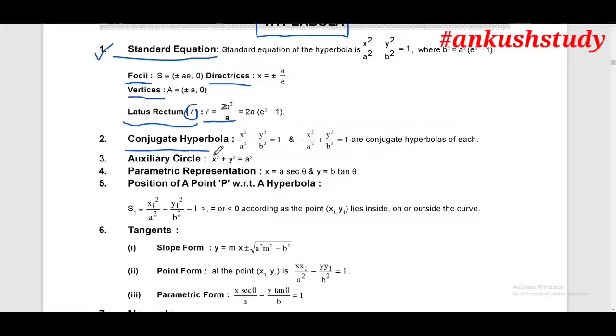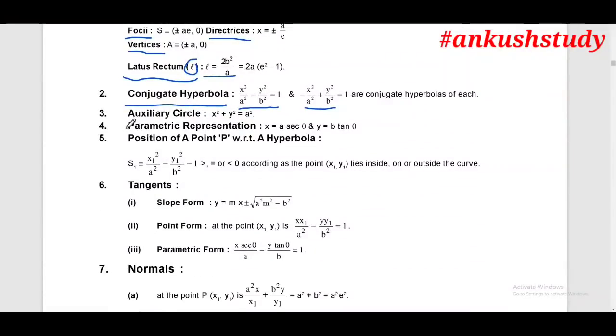And this one is the conjugate hyperbola. x square upon a square minus y square upon b square is equal to 1, and this one, minus x square upon a square plus y square upon b square is equal to 1, are conjugate hyperbolas of each other.